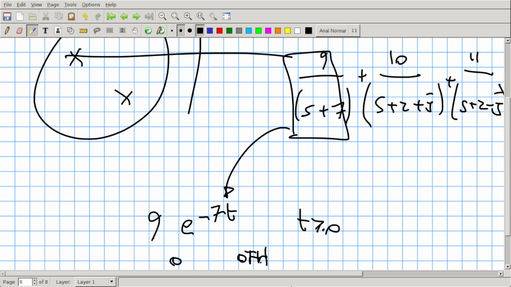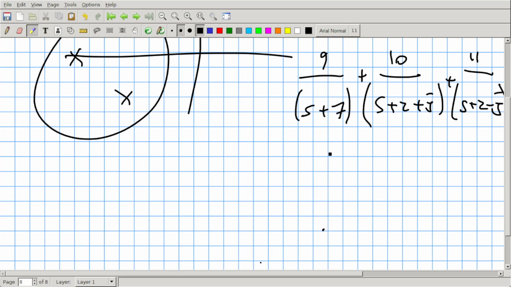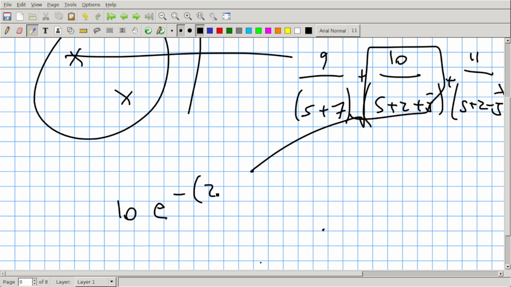Are we together on this? We are together on this, true? This one would anti-transform into what? 10e^(-2-j)... True? No, plus j. No, minus j.